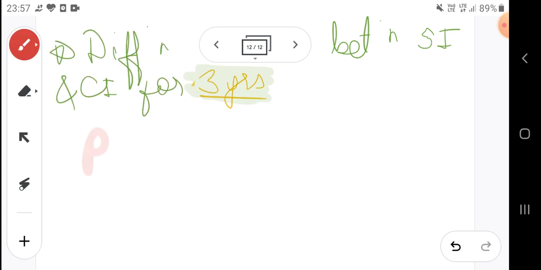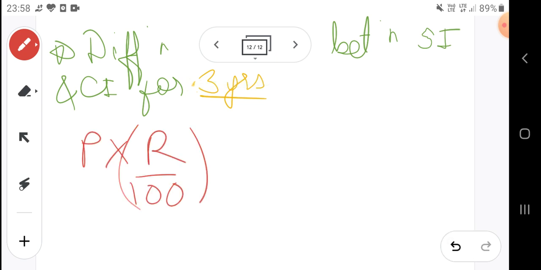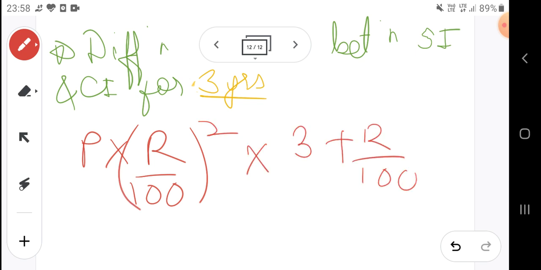It will be P into R upon 100 square into 3 plus R upon 100. This will be the formula.